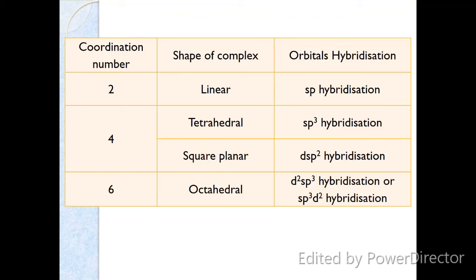Then for coordination number equals 6, the shape of the complex is octahedral. For octahedral, you have two possible types of hybridization, either d2sp3 or sp3d2. How different are they? Later I will explain together. Let's, without any hesitation, start to explain all the shapes here.